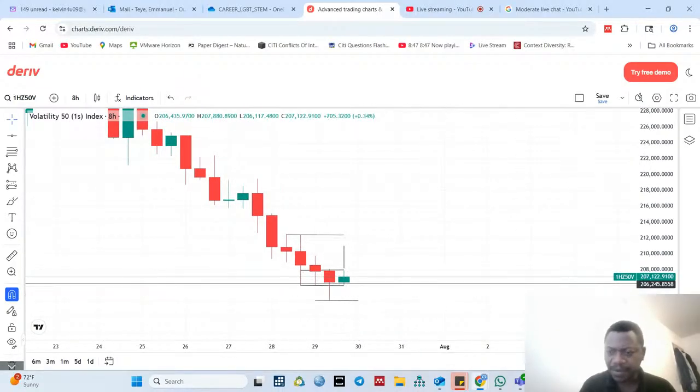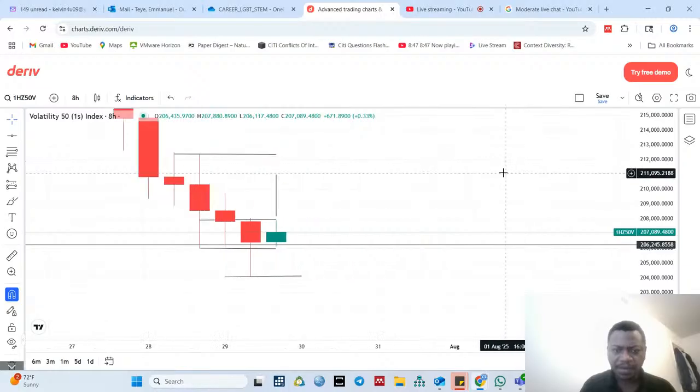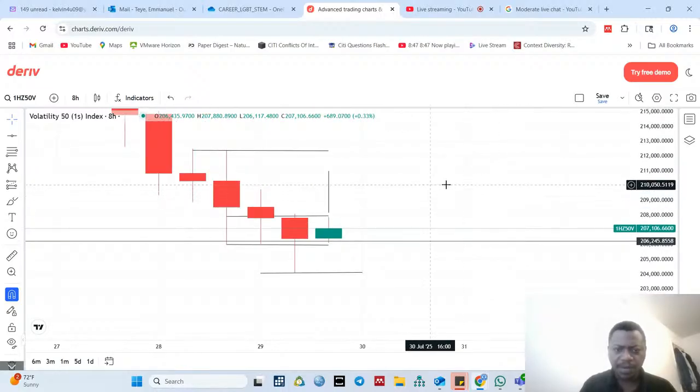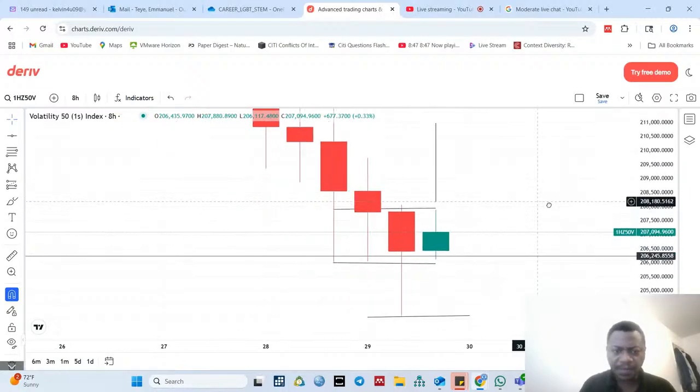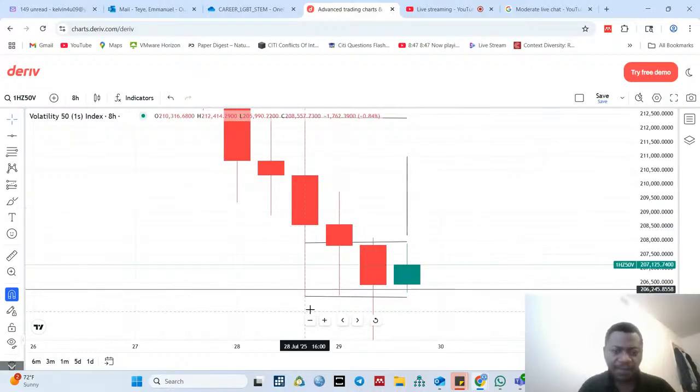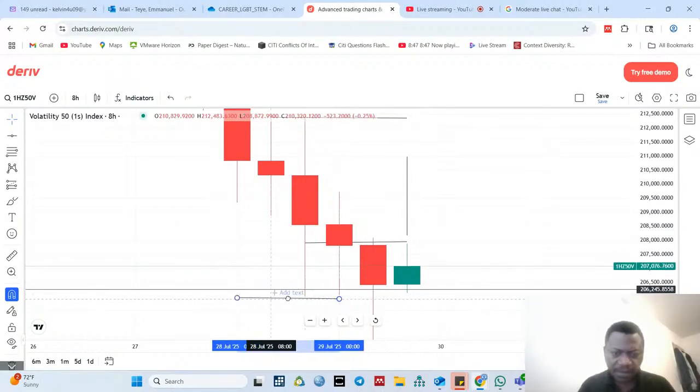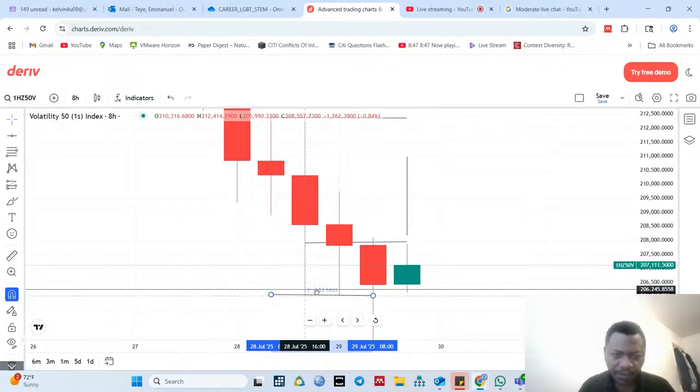What is happening around this area on the 8 hour time frame? So on the 8 hour time frame here, I could see that these are lows, rejections, rejection candles.